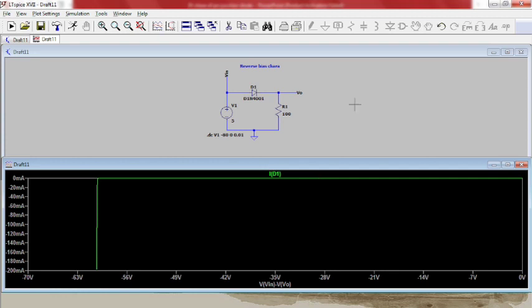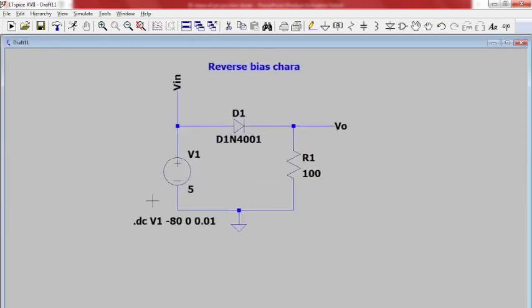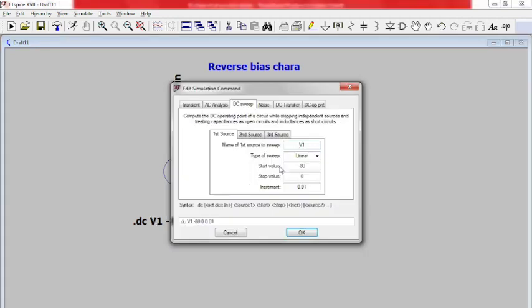Suppose we want to get both forward bias and reverse bias characteristics in a single plot, a single window, how is it possible? Easily, it is possible by changing the .DC parameter. Just click on that.